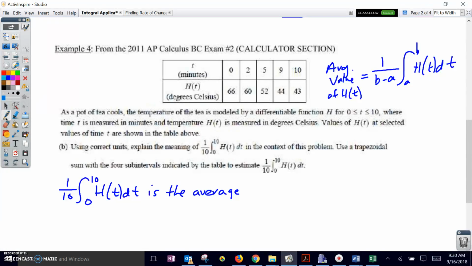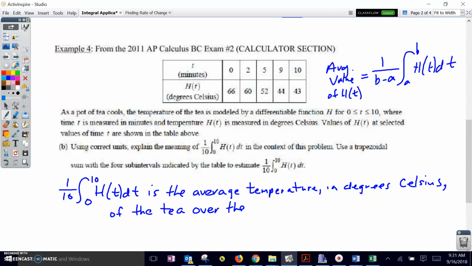H represents the temperature. So this is the average temperature in degrees Celsius of the tea over the first 10 minutes that it's cooling, since that's the time interval represented by 0 through 10. Okay, so there's the explanation of the meaning.